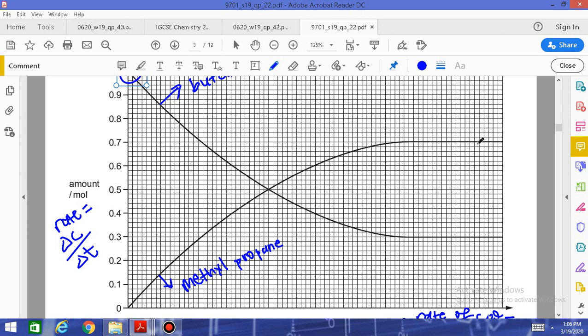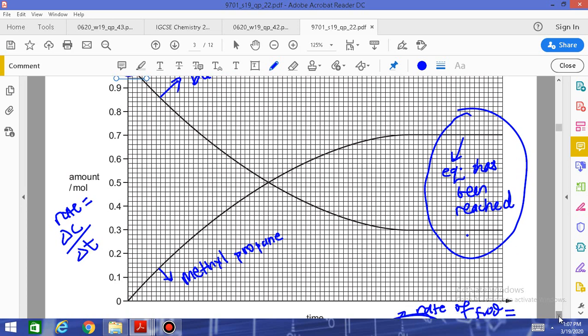The horizontal straight line represents that equilibrium has been reached.